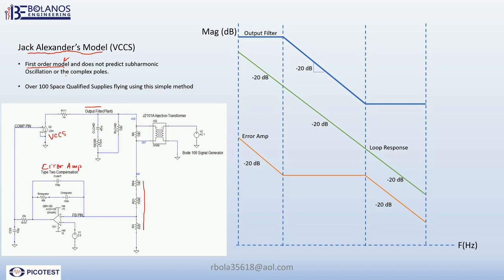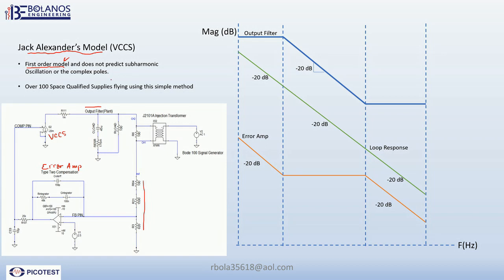Now Jack's model does have limitations. I want to say that Jack's model is a first order model. It does not predict the subharmonic oscillation or the associated complex poles, but it is good enough to give you a fairly accurate assessment of the loop.